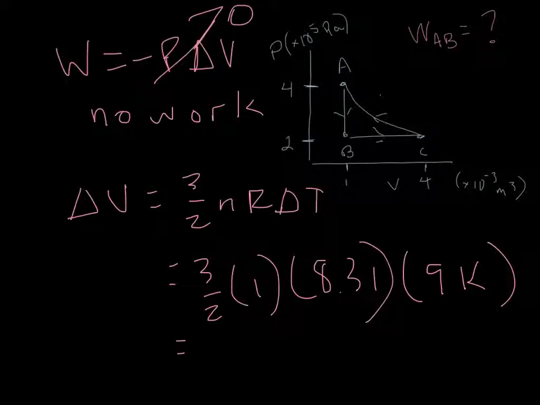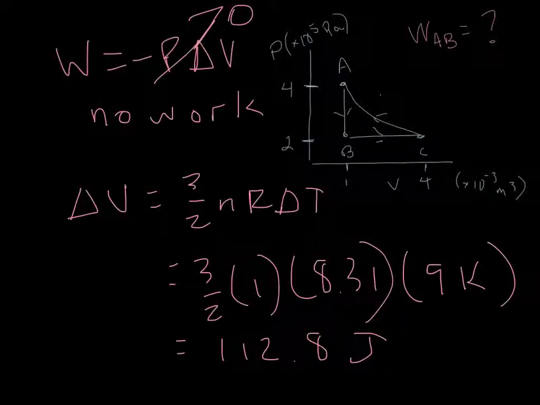Sorry this is taking so long. I'm not real good with calculators. So 1.5 times 1 times 8.31 times 9 is equal to 112.185. So let's make it 112.8. And that's, of course, energy, so that is joules, which comes out of the K. I just didn't write it in there.